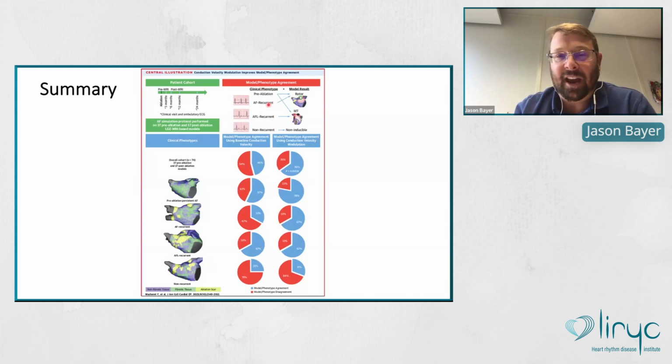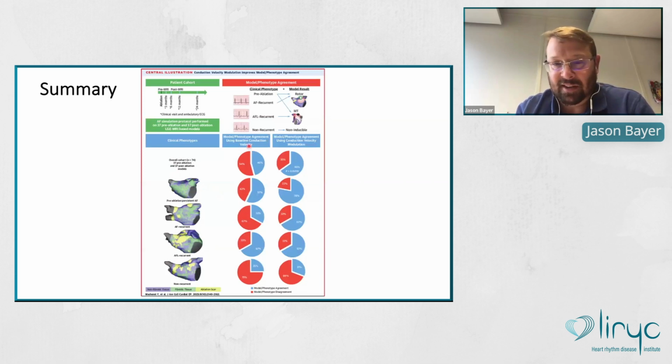And then after ablation, you either had a classification of recurrent AF, which was a rotor, or you could have atrial flutter that reoccurred, classified as a tachycardia, or you have no arrhythmia at all.